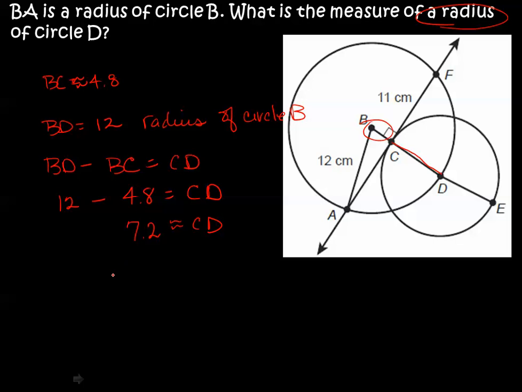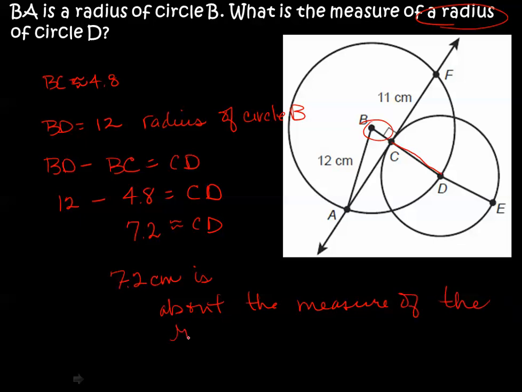So we're going to say that 7.2 centimeters is about the measure of the radius for circle D. Okay, so remember, all you're doing is you've got a puzzle. Actually, on this one, we were kind of taking it apart and then putting it back together.